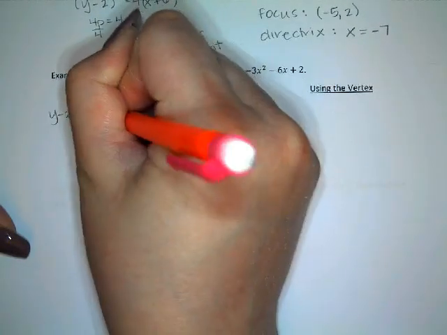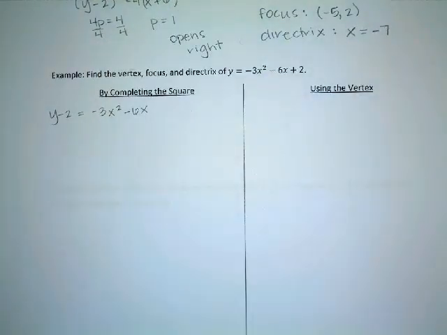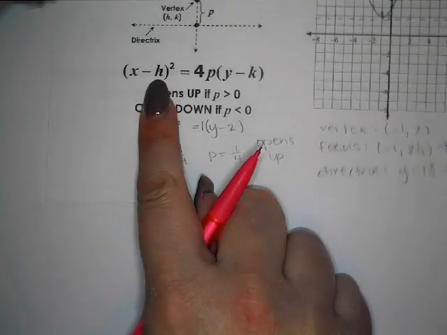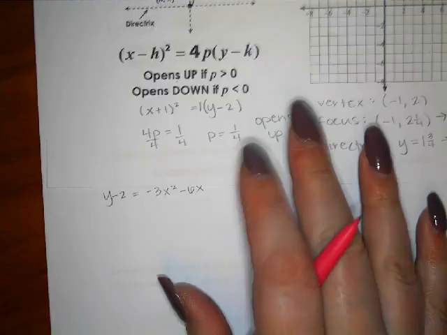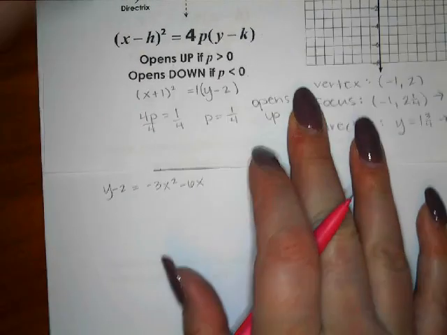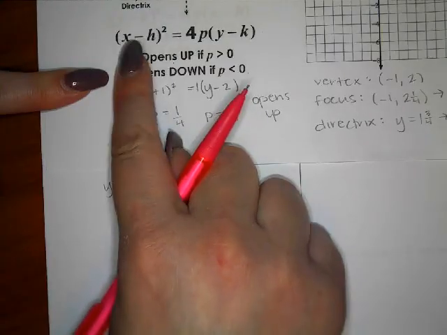My goal right now is to get the equation to look like this. The sides are backwards, but that's my goal, so I'm going to keep it in mind. I want x minus h squared. When I complete the square, I always take this coefficient out.